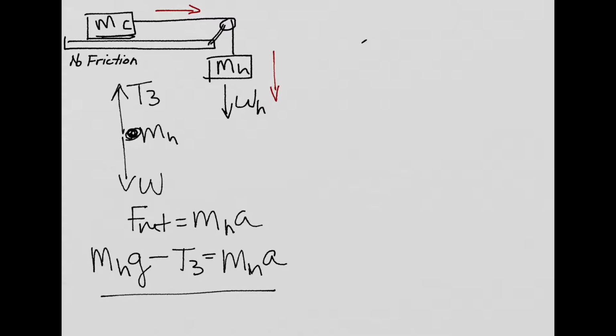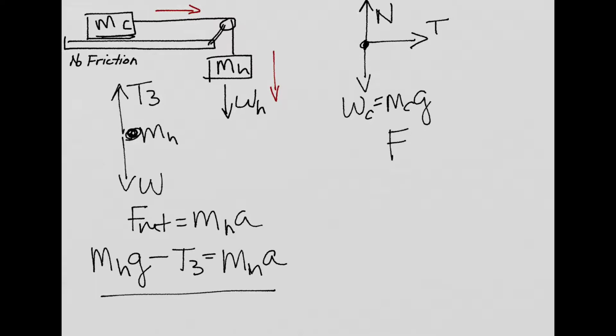Now, what if I look at a free body diagram for the cart? I have its weight, and it doesn't go anywhere vertically, and horizontally I have the normal force. Those are equal and opposite and cancel. But I also have a tension that pulls this mass to the right and accelerates it. So my Newton's second law equation here is my tension equals mca.